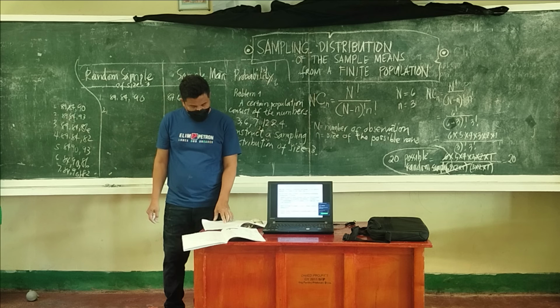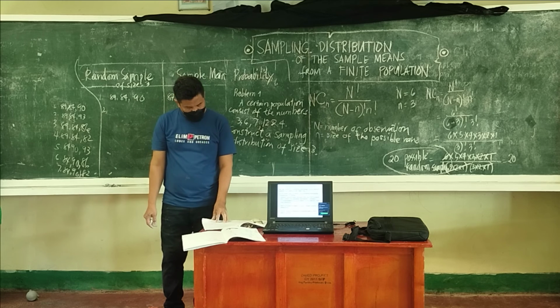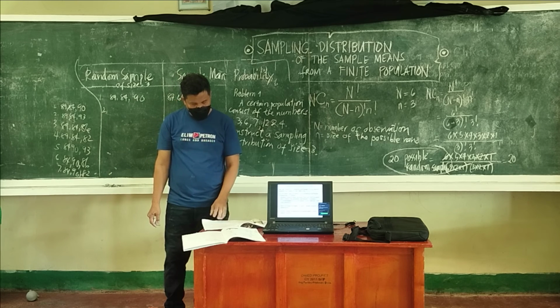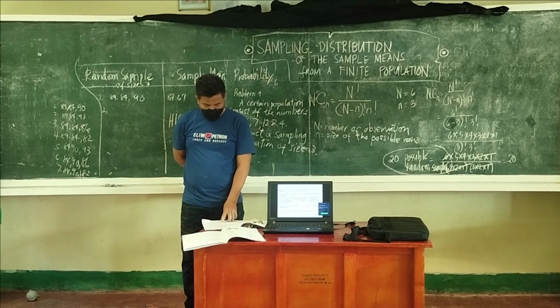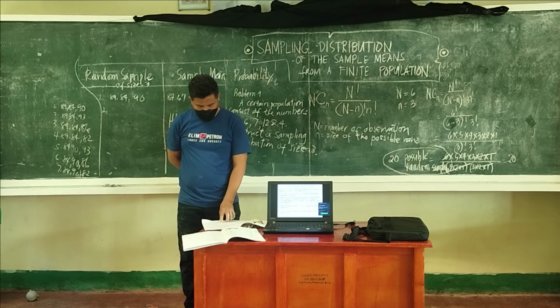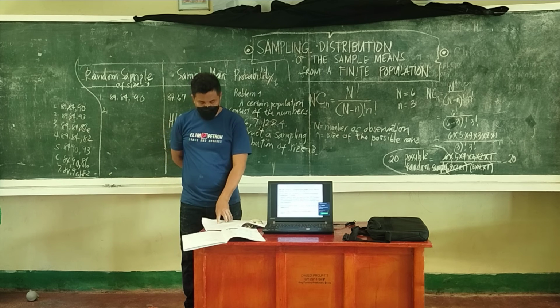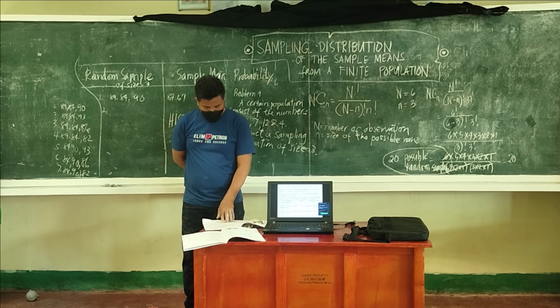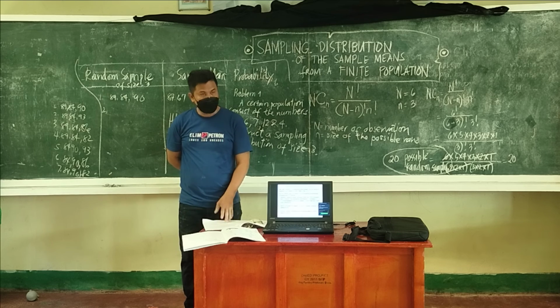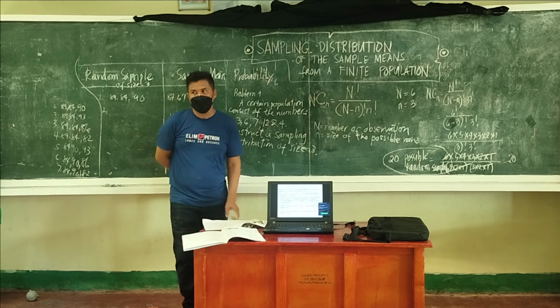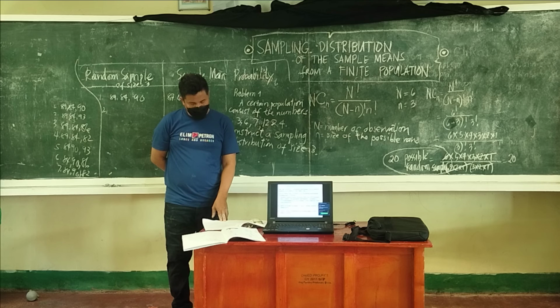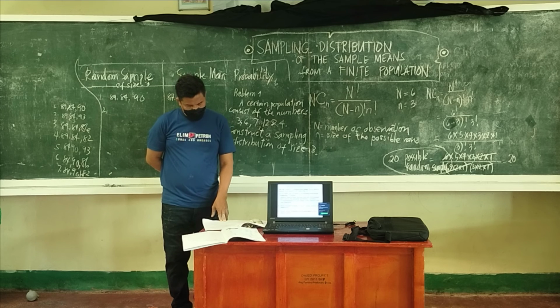Yes, and so let us have evaluation. I have here one problem. I will read the problem and you are going to answer this one. A population consists of 5 numbers: 2, 3, 6, 8, and 11. Consider the samples of size 2 that can be drawn from the population. Letter A: list all the possible samples and corresponding means.